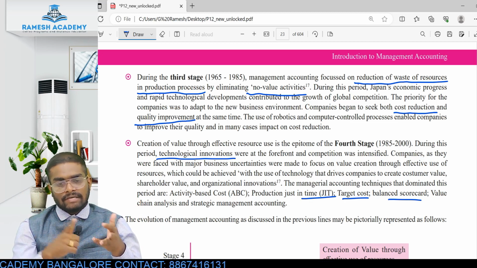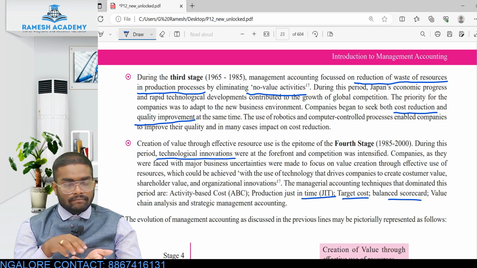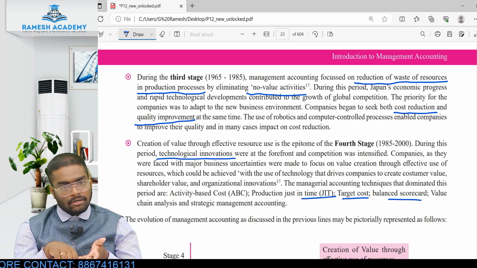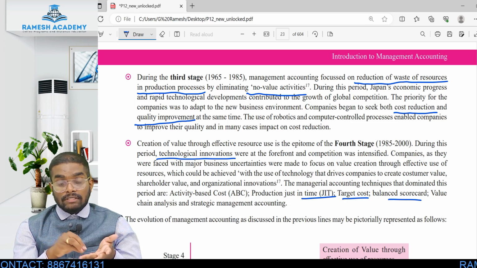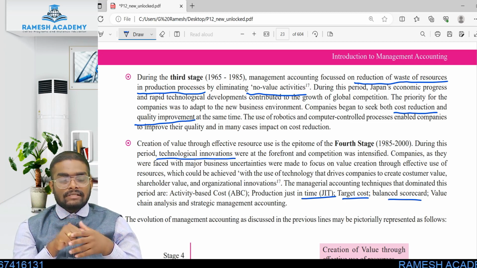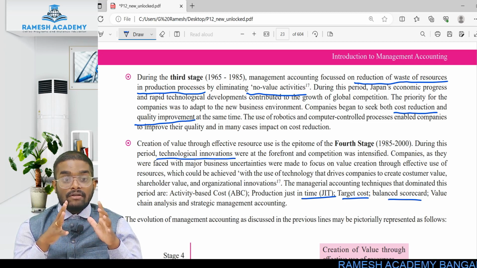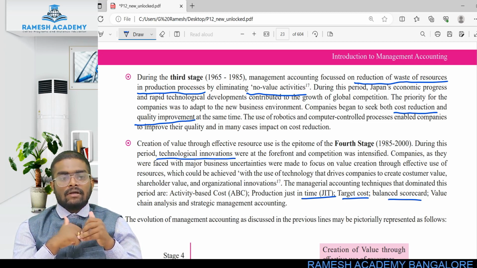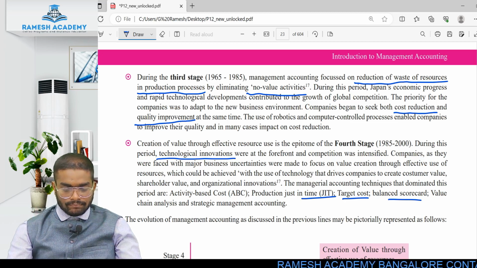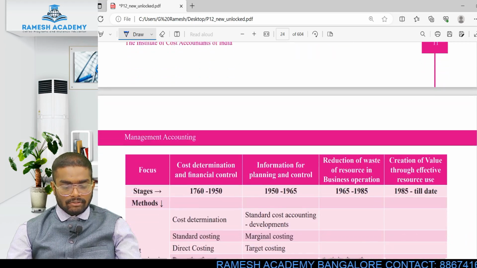Literally, he has, because he has shares in every company. He has shares in Amazon, he has shares in Google. These companies are controlling the globe, and BlackRock is controlling these companies by purchasing their shares. That's the reason value creation is very important in this century. So these are the stages of management accounting.